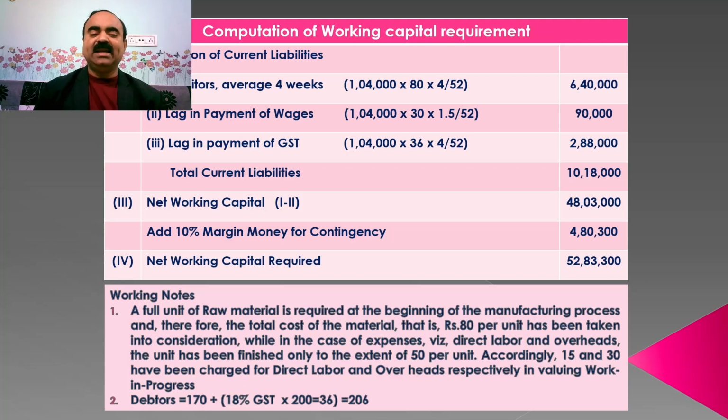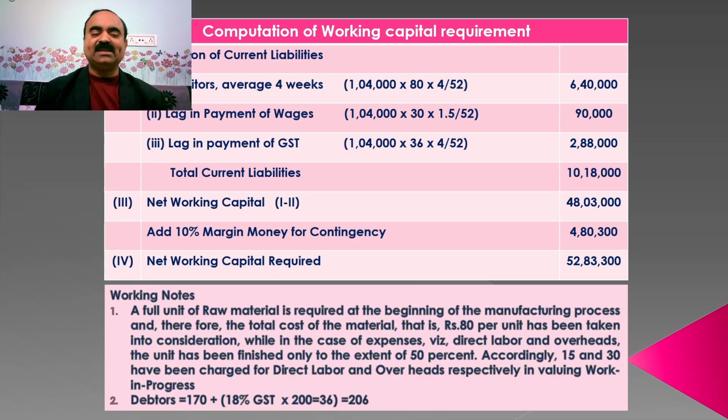Since in the case study 10% margin money for contingency was asked, we added 10% margin money for contingency, that is 4,80,300, for the net working capital we arrived at. Finally, net working capital required is determined as 52,83,300.